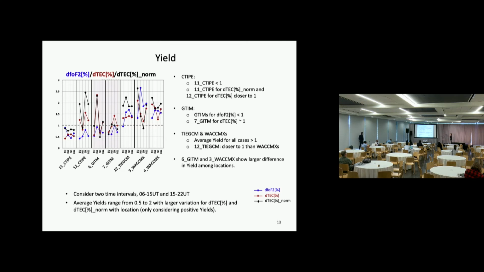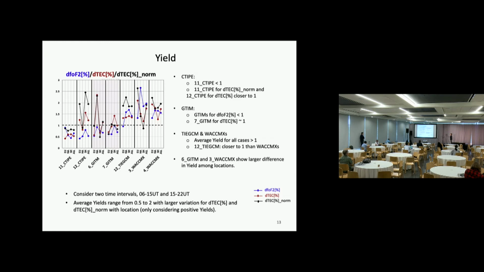Okay, so this one considered two time intervals, as I mentioned earlier. We only consider the positive yields. That means if the model misses the phase, then we exclude that result. So we only include when the model predicts this phase correctly.